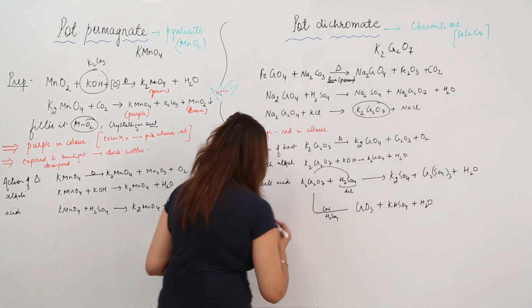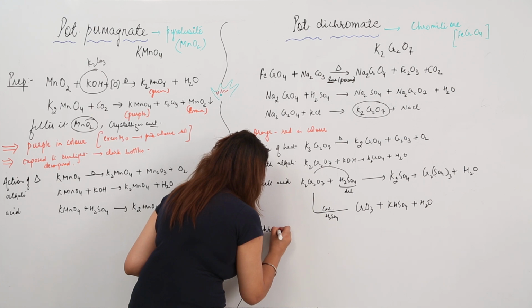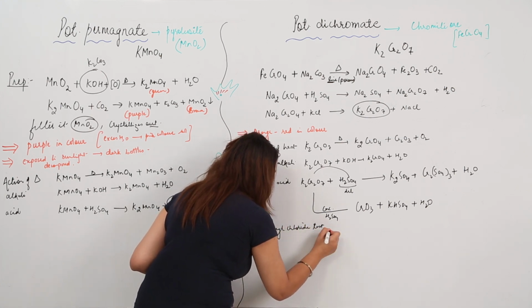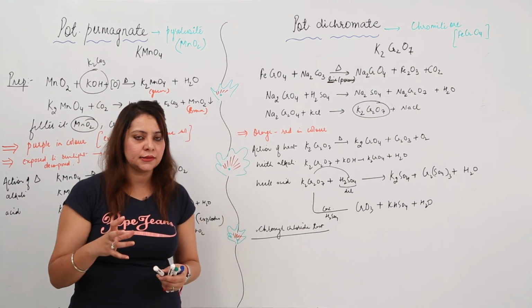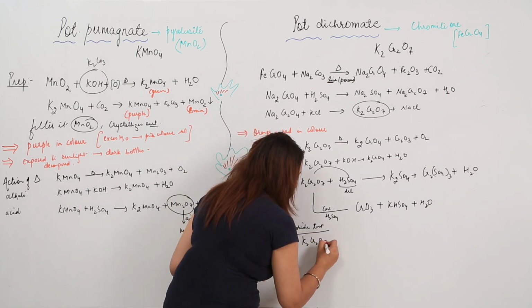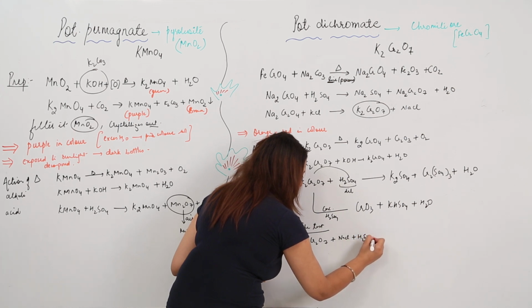And you know that potassium dichromate shows a popular reaction, it can give the chromyl chloride test. What is this test basically? It is the test used for the detection of chloride ions. How are you going to do it? We take potassium dichromate and react it with NaCl followed by H2SO4.